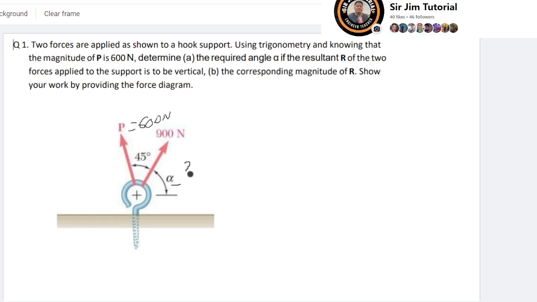If the resultant of the two forces applied to the support is to be vertical, take note of it. So here, let's say this one is the resultant according to the problem. It's vertical, and if we just transfer this one over here, that makes an angle alpha.